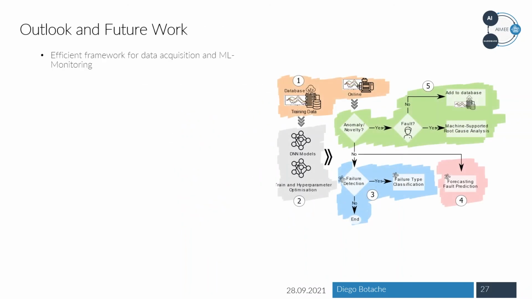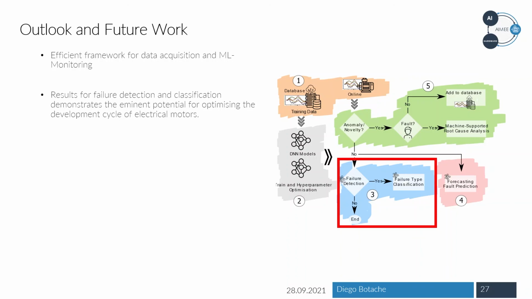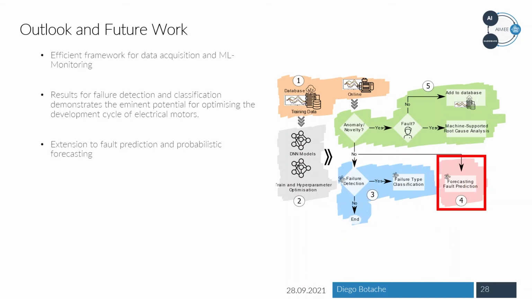Now let's go to the outlook on future work. We have shown an efficient framework for data acquisition and machine learning monitoring. The results for failure detection and classification demonstrate the eminent potential for optimizing the development cycle of electrical motors. An extension to fault prediction and probabilistic forecast is required for also detecting emerging faults in the system.